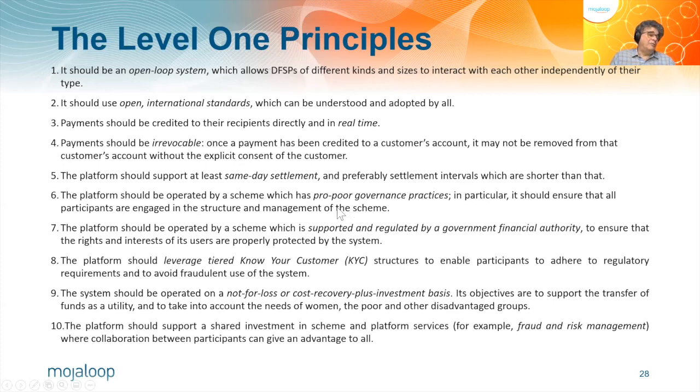The platform should be operated by a scheme which has pro-poor governance practices and which is supported and regulated by a government financial authority. That doesn't necessarily mean, of course, that in every case it will be operated by an institution like a central bank, but it does mean that it needs to be regulated properly to ensure that the interest of the customers who use the system can be properly protected.